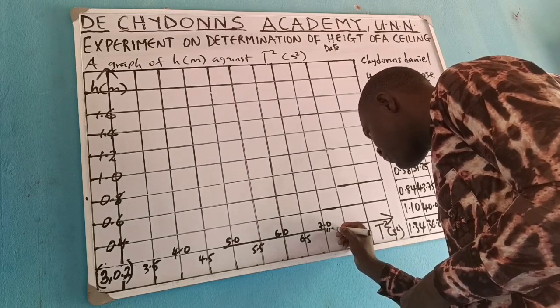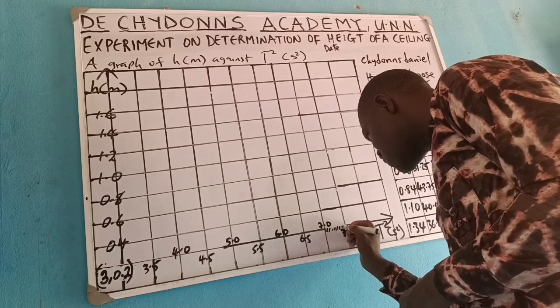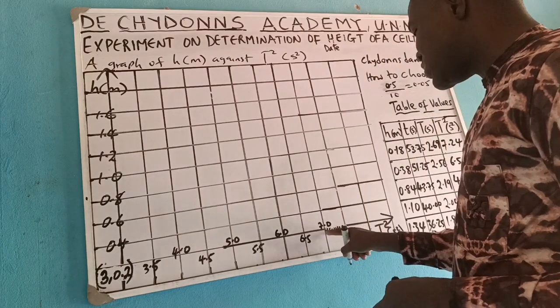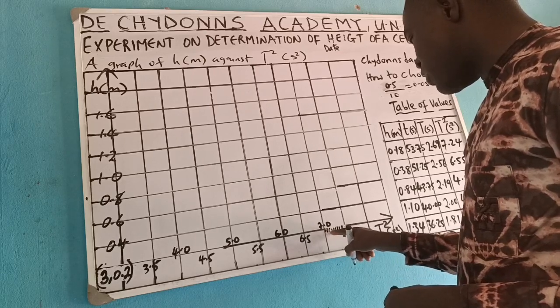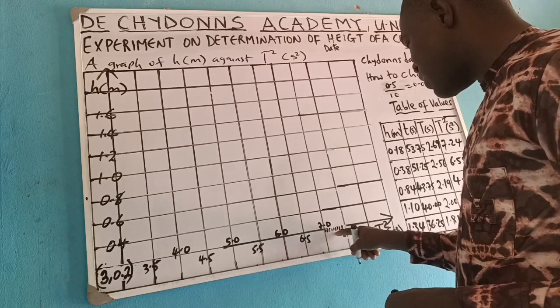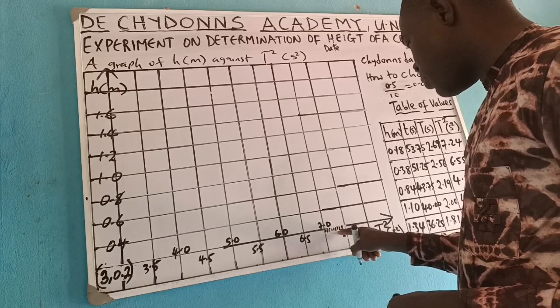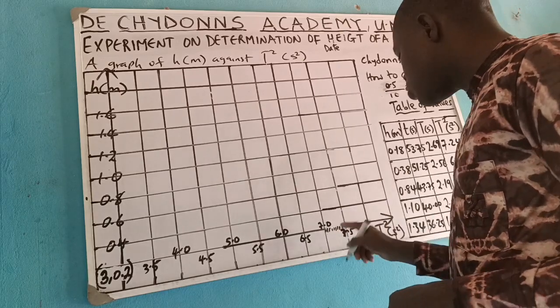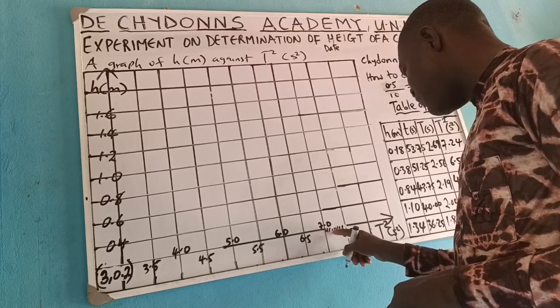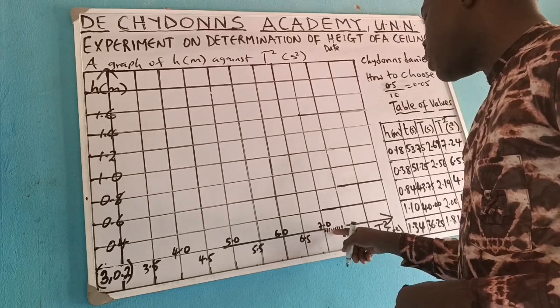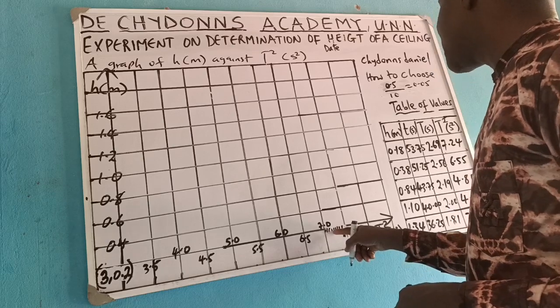So 7.05, 7.1, 7.15, 7.2, 7.25, 7.3, 7.35, 7.4. So 7.25 is in between, at the fifth. That is 7.25, and we are looking for 7.24.